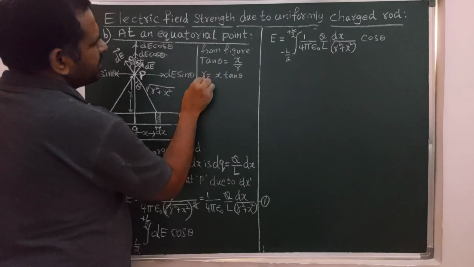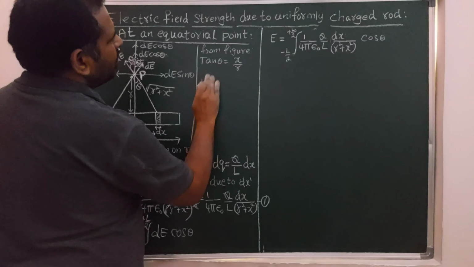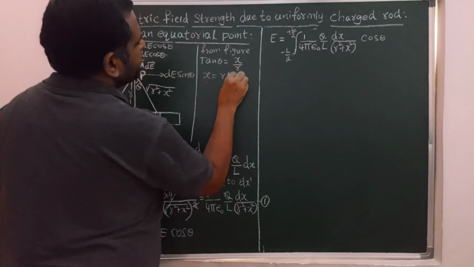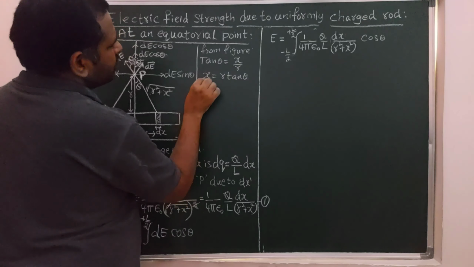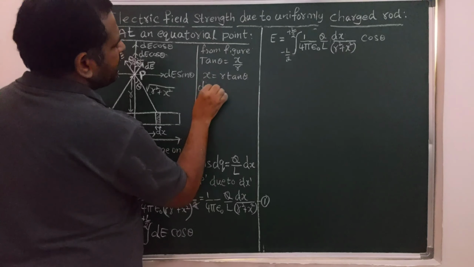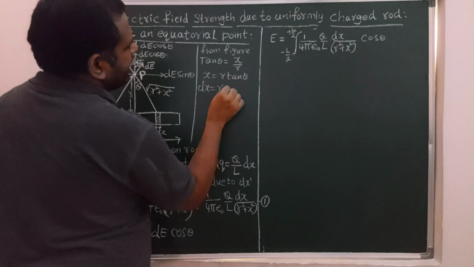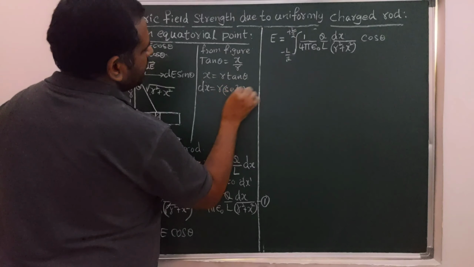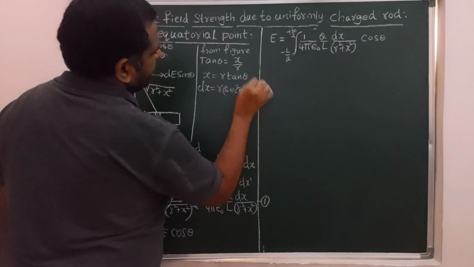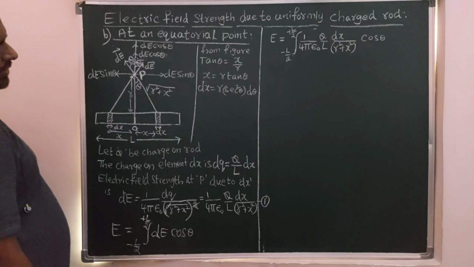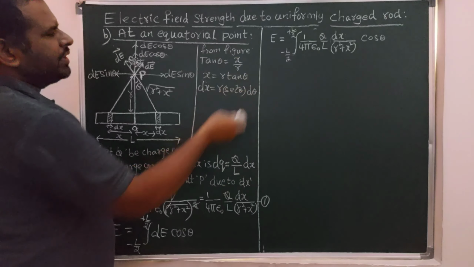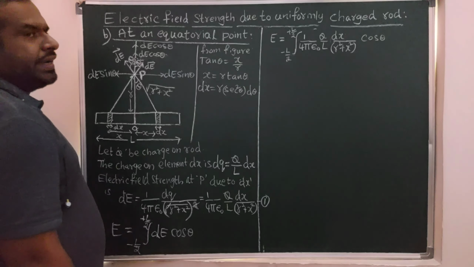So differentiate this. Sorry, x is equal to r into tan theta. Differentiating, dx is equal to r into the derivative of tan theta, which is sec square theta into d theta. So we got the dx value. We eliminated dx and converted it into sec square theta into d theta.